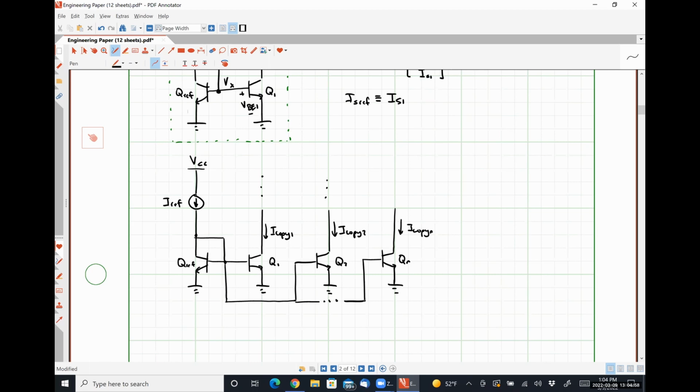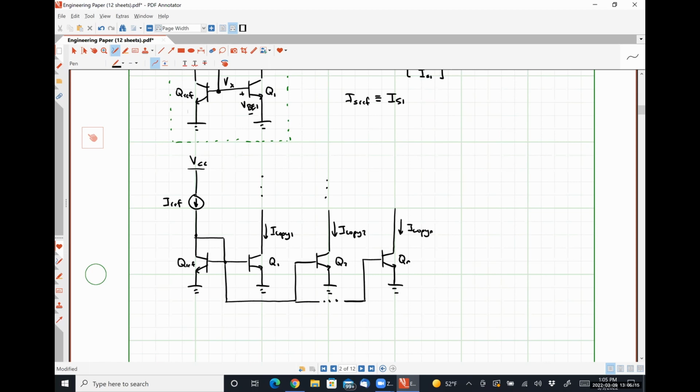So most of IREF winds up flowing through the collector of QREF, and then a small portion of it obviously branches off to feed the base of QREF and the base of Q1.